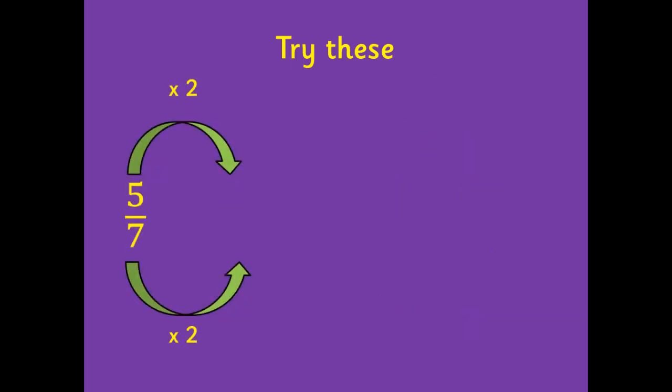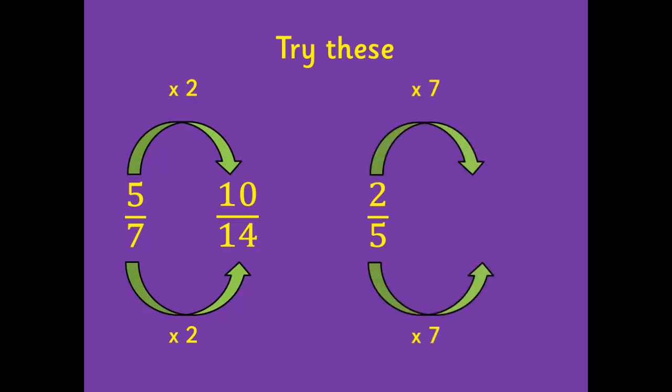If we have 5/7 and we multiply both the numerator and the denominator by 2, we have, excellent, 10/14. If we multiply 2/5 by 7, we have, excellent, 14/35.